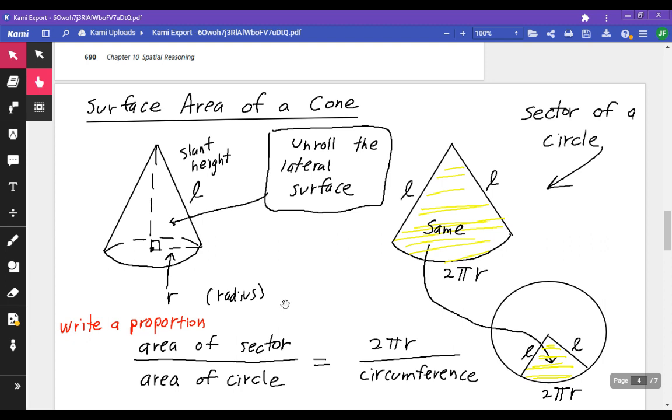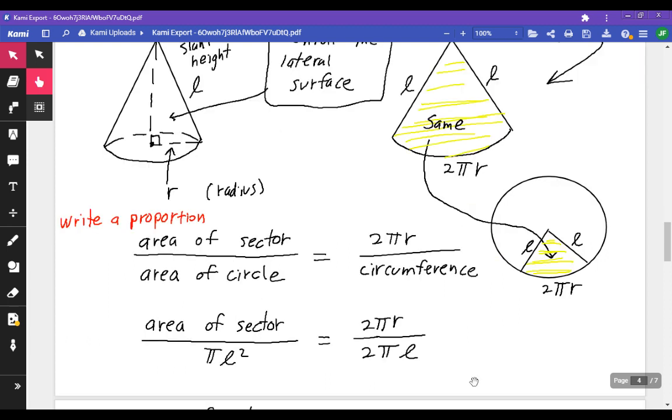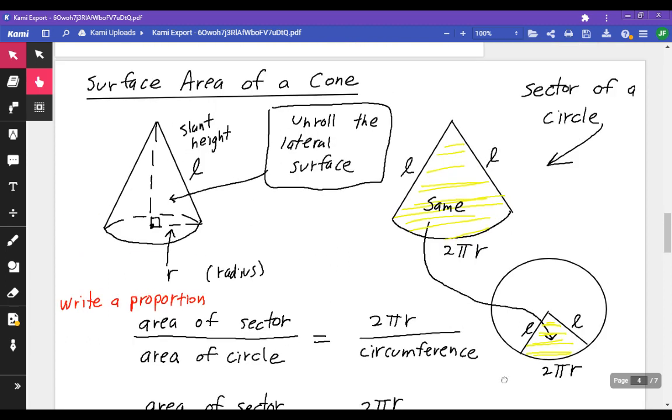So now use your imagination again. If we just took the top part of that cone and unraveled it, flattened it out, its net would be this piece right here, this thing that looks like a piece of pizza. So the 2 pi r on the bottom of this little piece of pizza is going to be the radius of this circle.